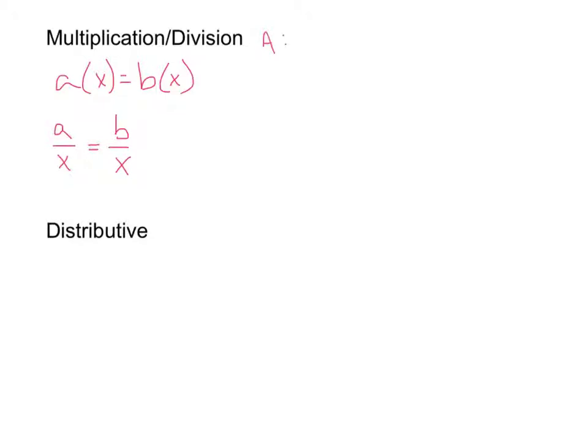So algebra example that we'll use, let's do 4x equals 80, I can do 4x divided by 4 equals 80 divided by 4. They still remain equal.